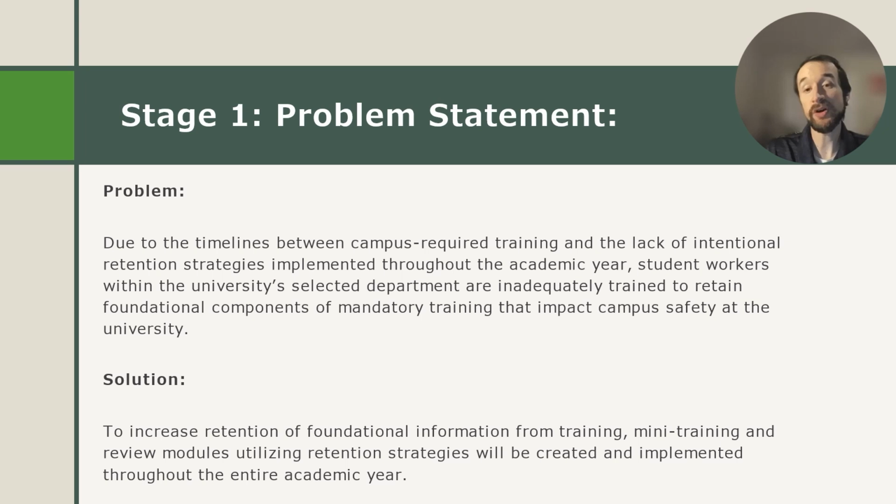However, there is a strong time span between when they're initially trained on that and when they receive any additional information or learning centering around those topics. And so there is a lack of retention strategies that are implemented throughout the academic year to actually support the students in their confidence and understanding of this information.